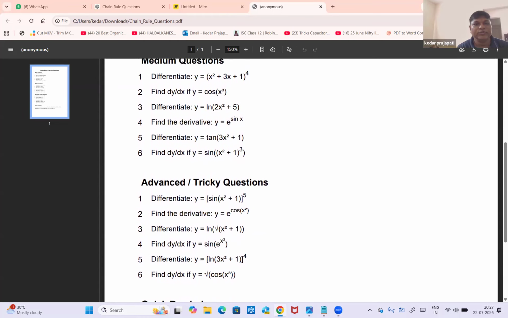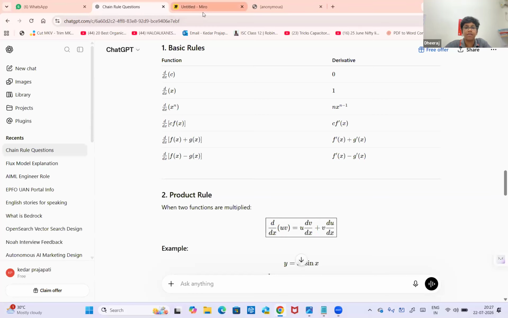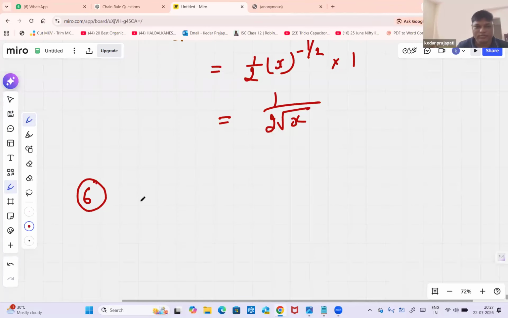Now I will go to trigonometric functions. So far, good. Now I will go for trigonometric functions.